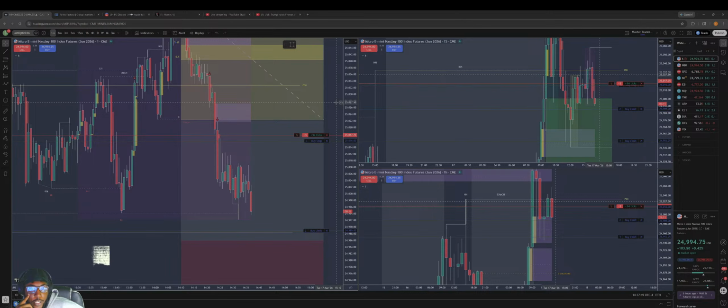Sellers trying to apply the pressure. Sellers trying to apply some pressure. Let's see if they can stick with it.